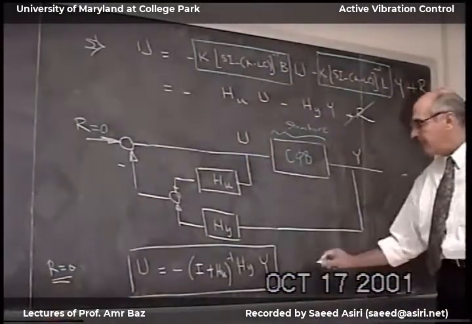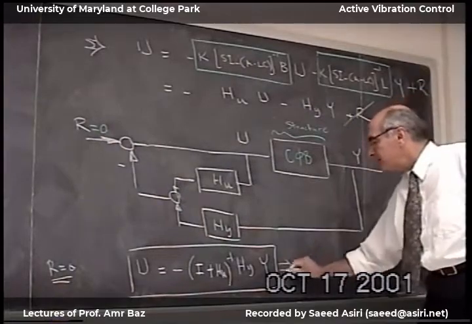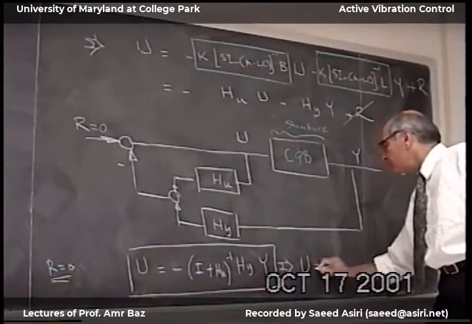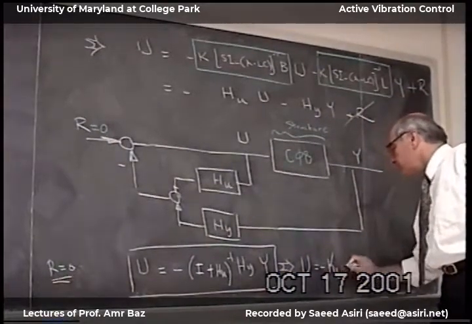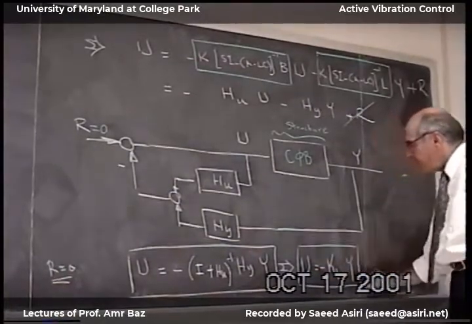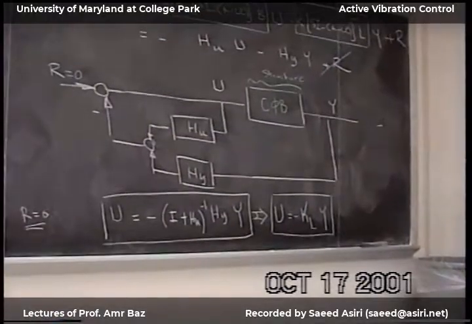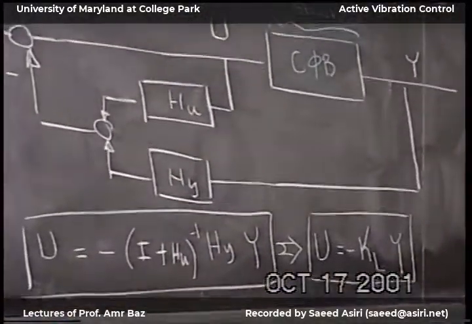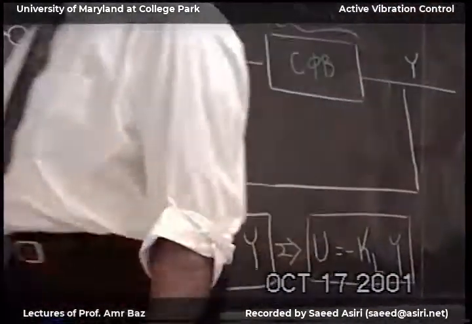And this I'm going to write like this: U is equal to minus K_L Y. So now I can take this and draw it here.